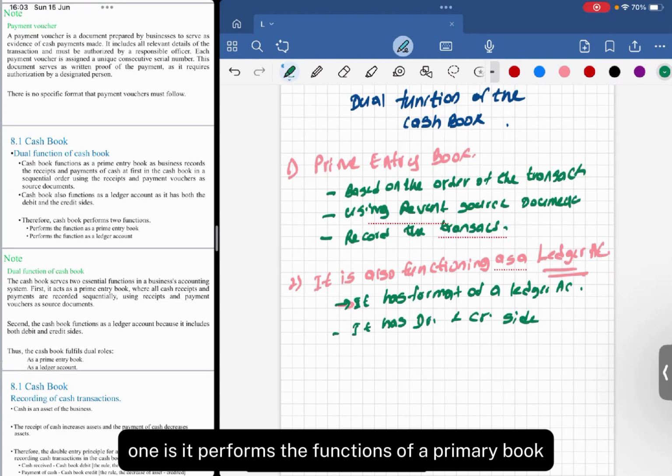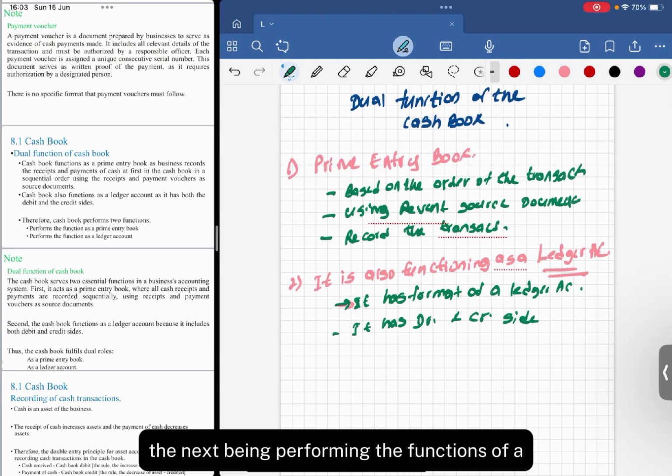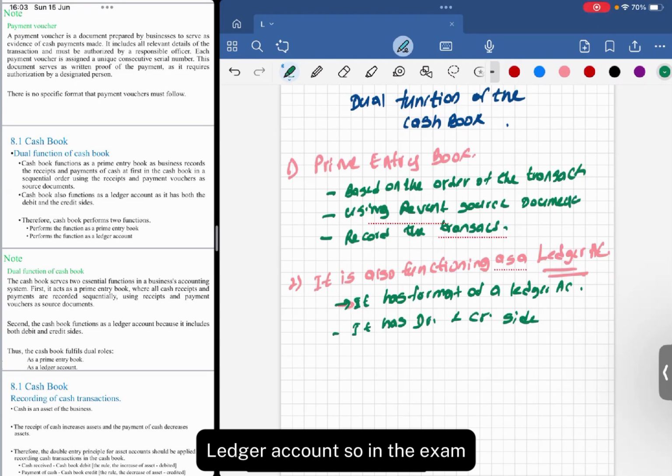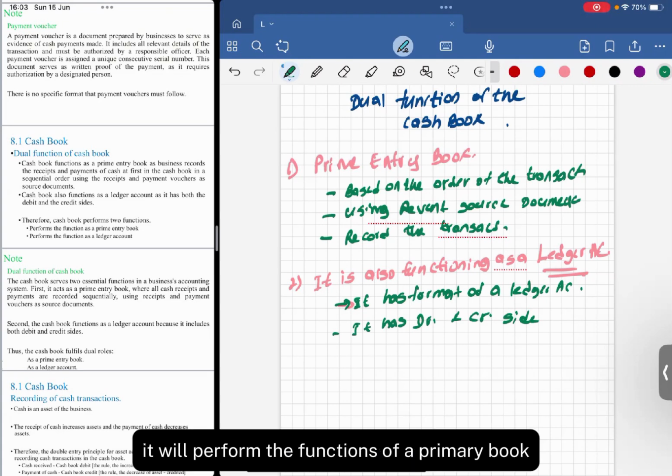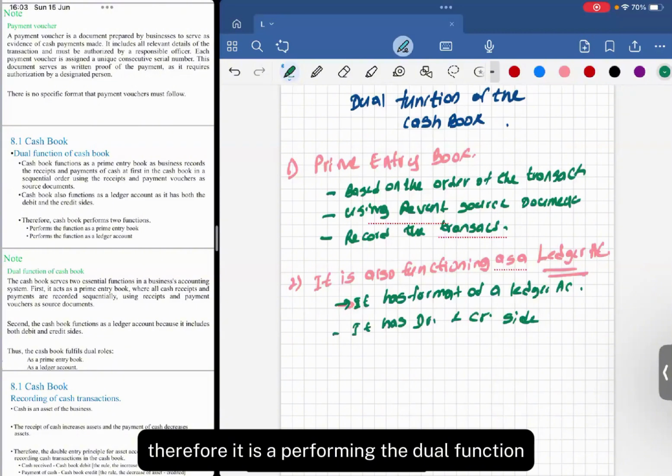One is it performs the functions of a prime entry book, the next is performing the functions of a ledger account. So in the exam, if someone asks you what are the functions of a cash book, you can say it performs the functions of a prime entry book, and it is also performing the functions of a ledger account. Therefore, it is performing the dual function.